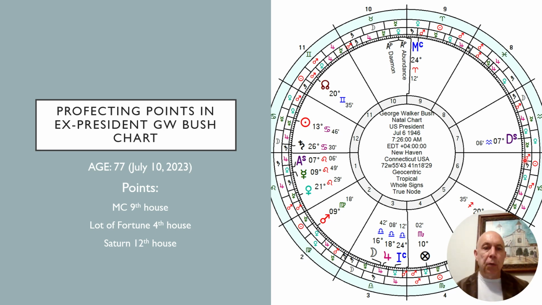And the points we're going to perfect are the midheaven, which is in the 9th house, the lot of fortune, which is in the 4th house, and Saturn, which is in the 12th house. So you might want to write this down, that he has the midheaven in the 9th house, the lot of fortune in the 4th, and Saturn in the 12th, because these are going to be important as we go forward.